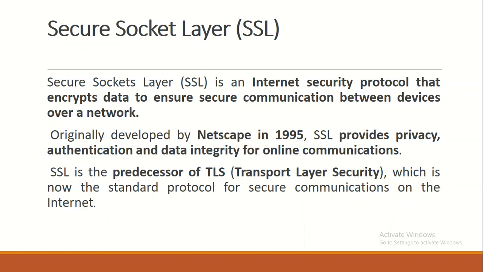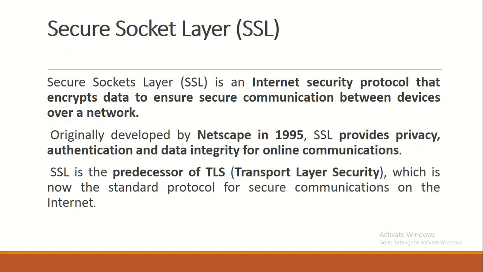What is secure socket layer? Actually, it is a network security protocol. A security protocol means it gives security for our data. For example, if we send our data to any user, it will be sent in an encrypted format, not plain text.